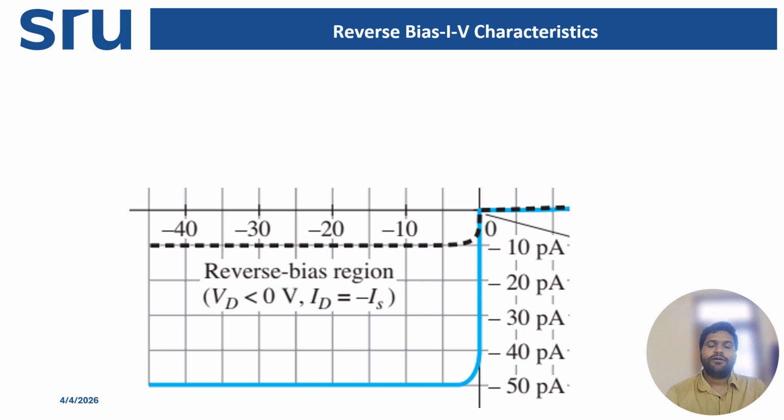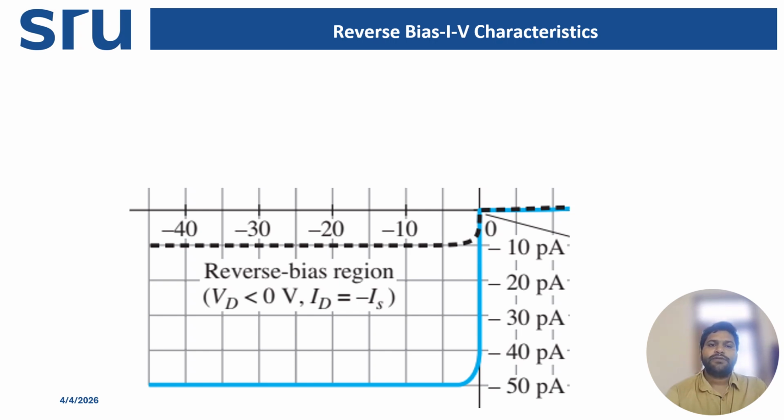So what are the important observations in the IV characteristics? Current is very small before breakdown. It is independent of applied voltage. It is temperature dependent. Breakdown causes a sudden large current. In normal operation, a reverse biased diode behaves like an open switch.